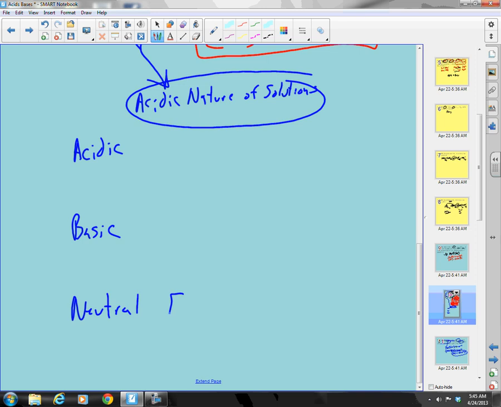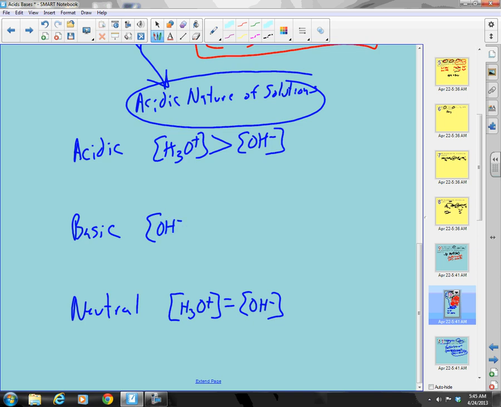As we said earlier, when my hydronium concentration equals my hydroxide concentration, we have a neutral substance. An acidic substance is going to be one in which my hydronium has a greater concentration than my hydroxide, and a basic is going to be where I have more hydroxide than hydronium. Okay, cool. Now, that's in general. We can also talk about things specifically at 25C. So at 25C, I can say that my hydronium concentration must be greater than, do you guys remember?